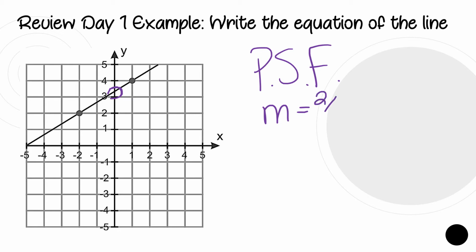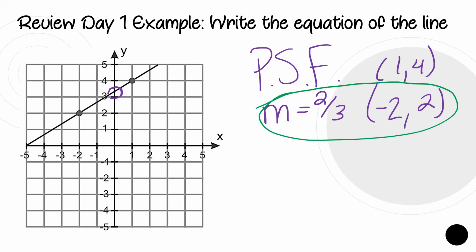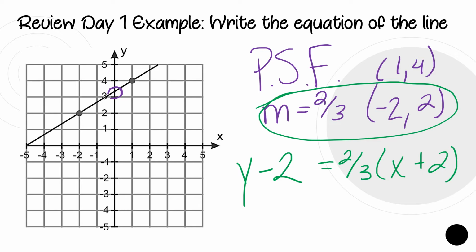That's pretty easy, right? 2 over 3, rise over run. And I could use either dot. I see the dot -2, 2, or I see the dot 1, 4. Doesn't matter to me which one you use. And we can write point slope form, meaning y minus 2 equals 2/3 x plus 2.